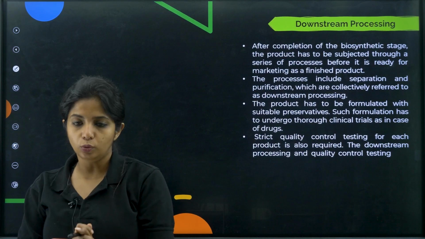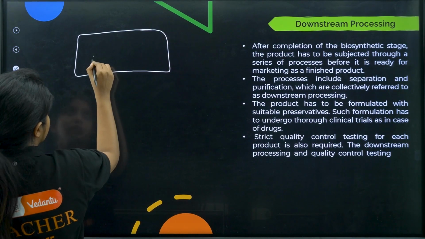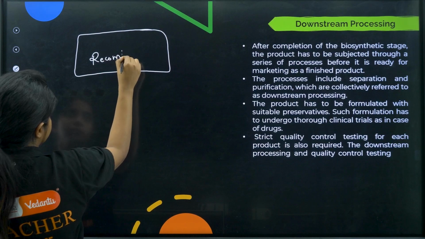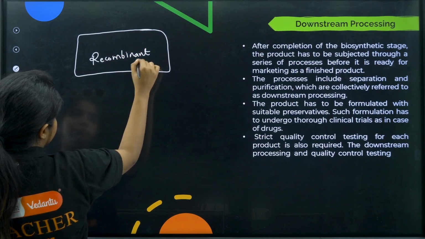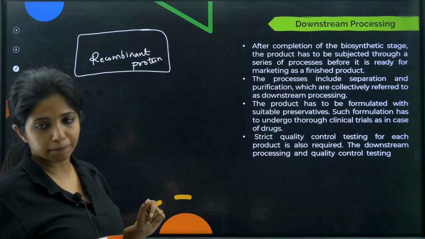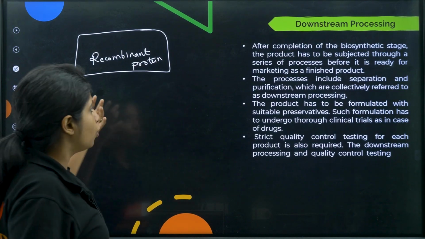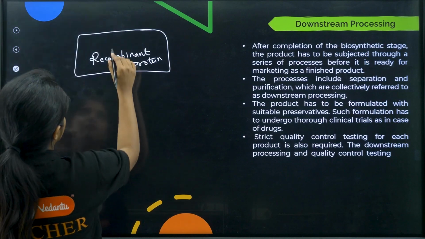So basically we know that there's a host which is producing our recombinant protein. Now the thing is, it is not very easy to get the recombinant protein alone, because, as I said, there will be waste materials.